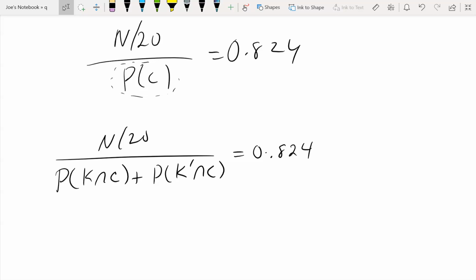And this is typical in these Bayesian problems where I'm going to break up this denominator where it says the probability of a whole set. I'm going to try to break up that denominator into pieces that are disjoint and make up the whole set. In this case, I know it or didn't are disjoint by default because they're complements of each other.